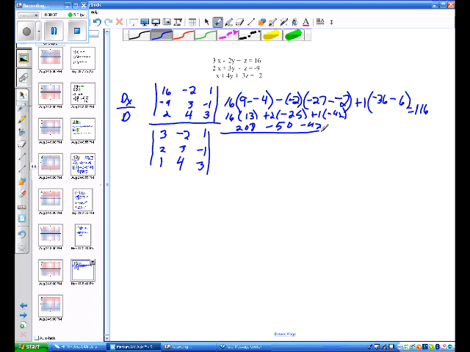Okay, now for my denominator, I've got to do the same thing. So I have 3. Okay, I'm going to leave out the first row, the first column. So I have 9 minus negative 4 minus a negative 2. Okay, leaving the first row and the second column, that would be 2 times 3 is 6 minus a negative 1 plus 1, first row, third column, so 8 minus 3.